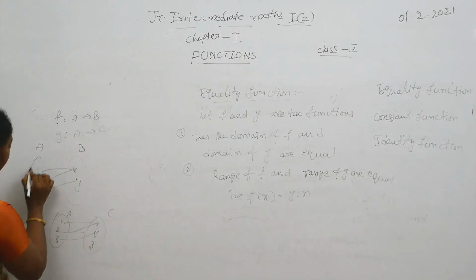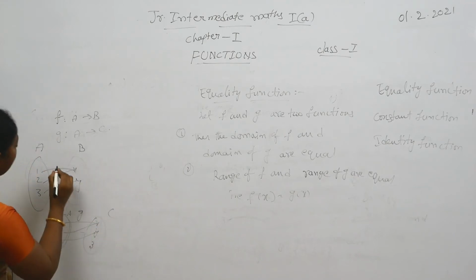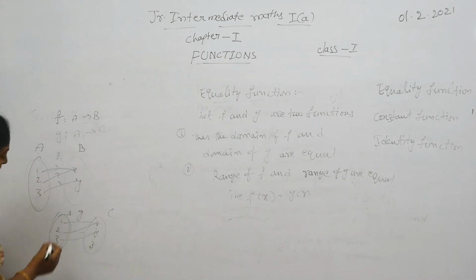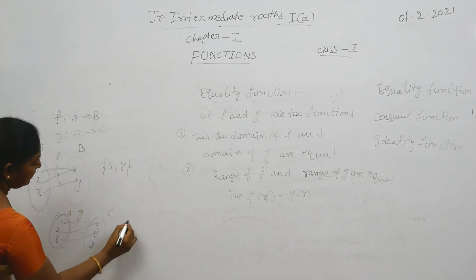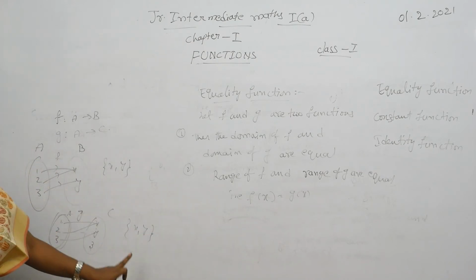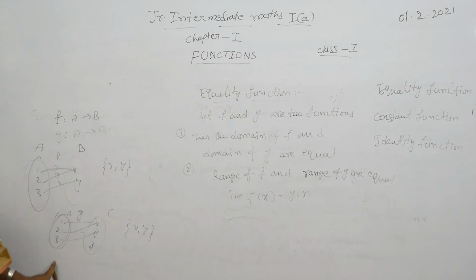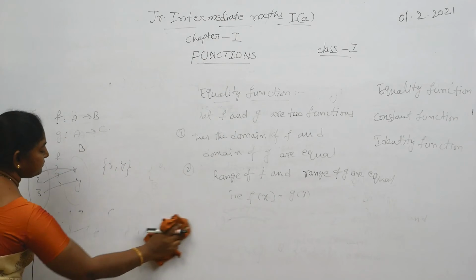The domain of f and the domain of g are the same. The range of f equals the set x comma y, and here also the range equals the set x comma y. So the ranges are equal and the domains are equal. So this satisfies the equality function condition.